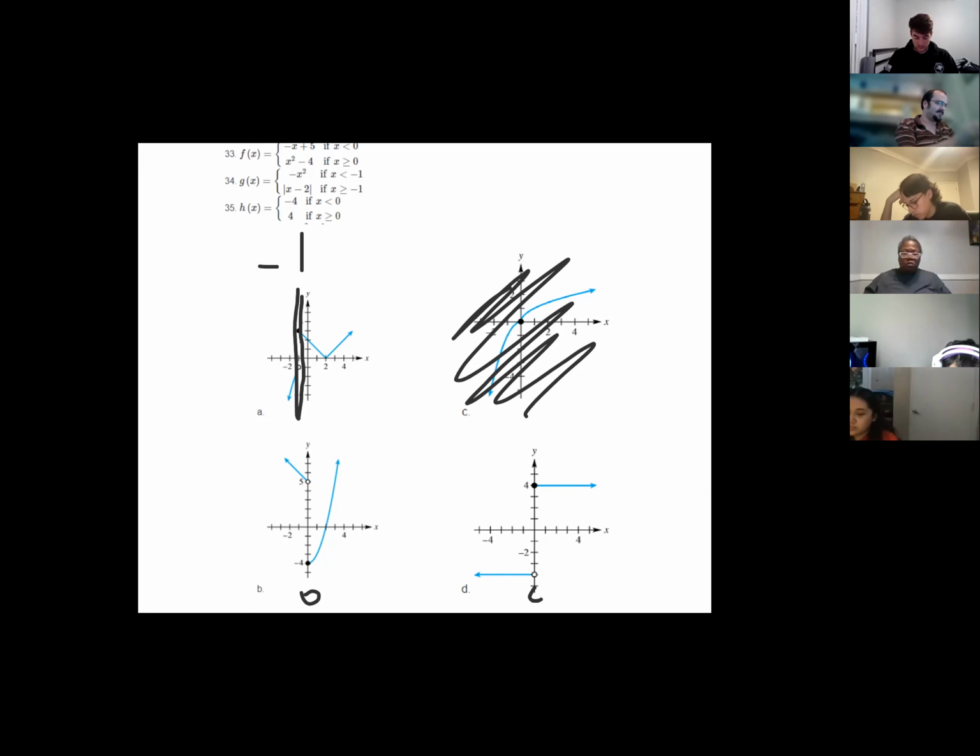That might give you a hint with some of these. That gives you one right away, I feel like. If we know it's split at -1, what does that tell us about the piecewise function? You see where that lines up with one of those?